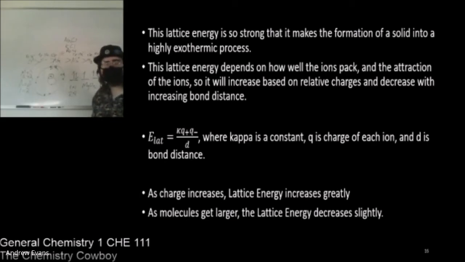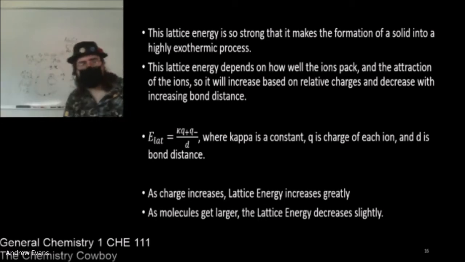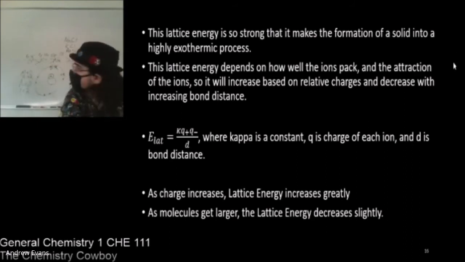And so the generalized trend is bigger size, lower energy, bigger charge, much bigger energy. And so you could empirically compare these guys. And that is one question on the homework. That is all this chapter entails. It's a short chapter, very short chapter.